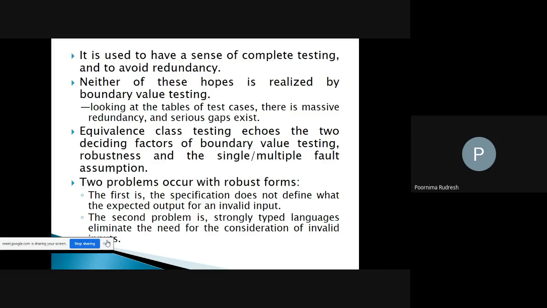First we'll see what equivalence class testing is, then what the disadvantages and limitations of boundary value analysis are, and how we can overcome them by using equivalence class testing. So what is equivalence class testing?